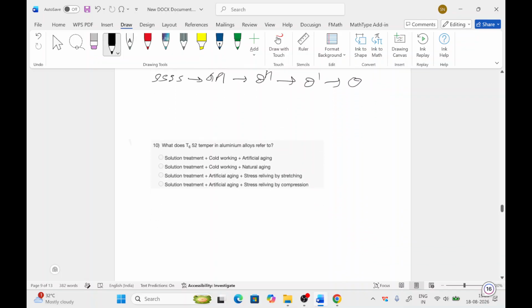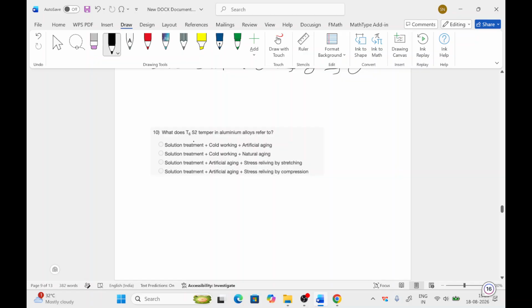Next question is, what does T652 temper in aluminum alloy refer to? We have seen a question with T651.